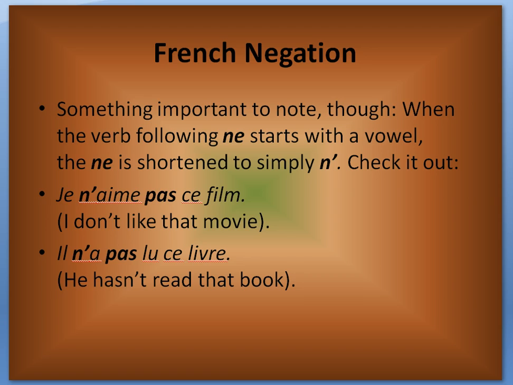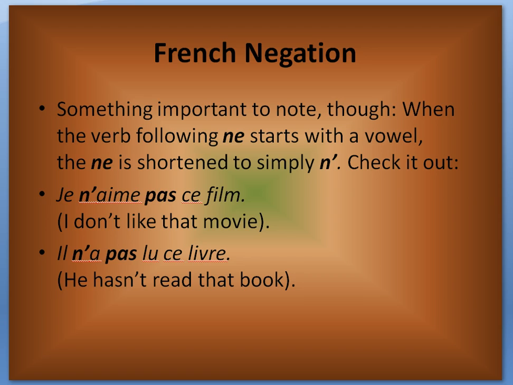This is in the present tense, so there is just a single verb. But because aime begins with a vowel, the ne which comes before the verb becomes n apostrophe, and they are combined together: n'aime. And pas as usual comes after the verb.